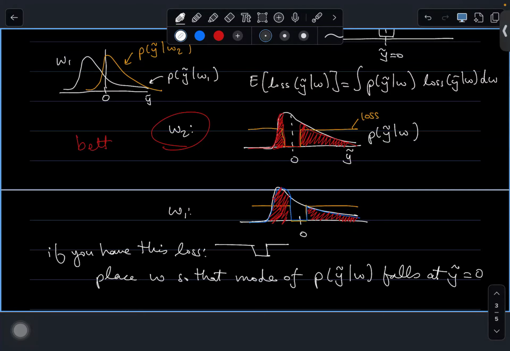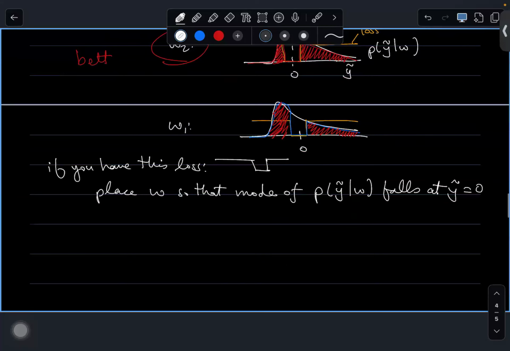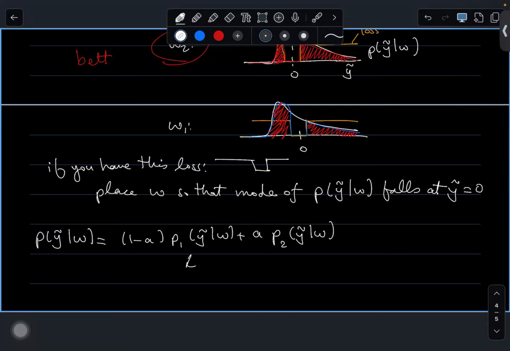So the experiment needs to do this systematically. And so what they do in this experiment is to say, let's write P of error given W so that it is a sum of two distributions, where P1 is this, P2 is this.